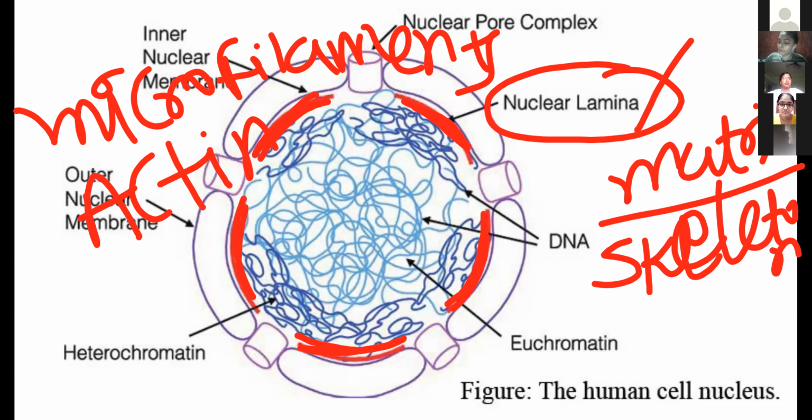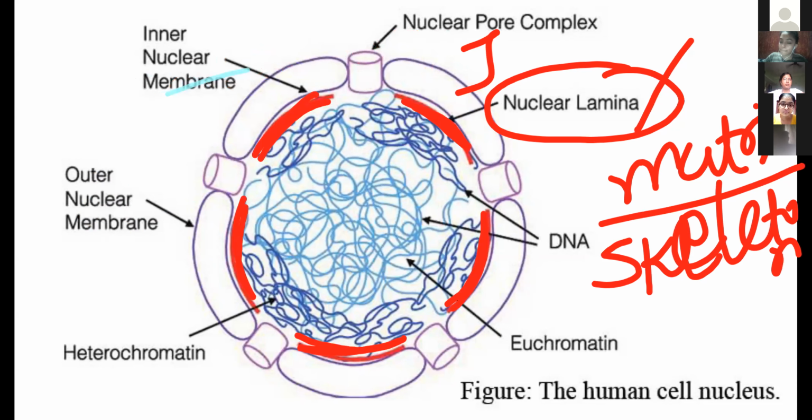So microfilaments are the actin filaments component, which gives the firmness, which helps to maintain the shape or the framework of the nucleus that we call nuclear matrix, nuclear lamina, or nuclear skeleton.